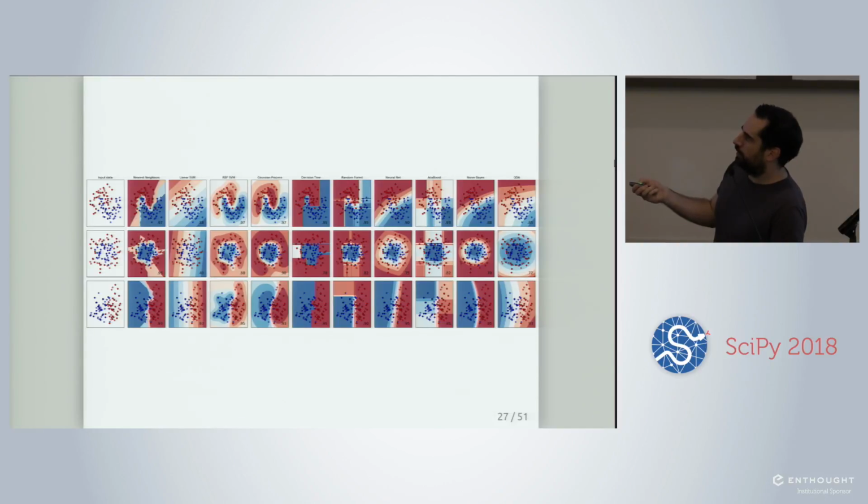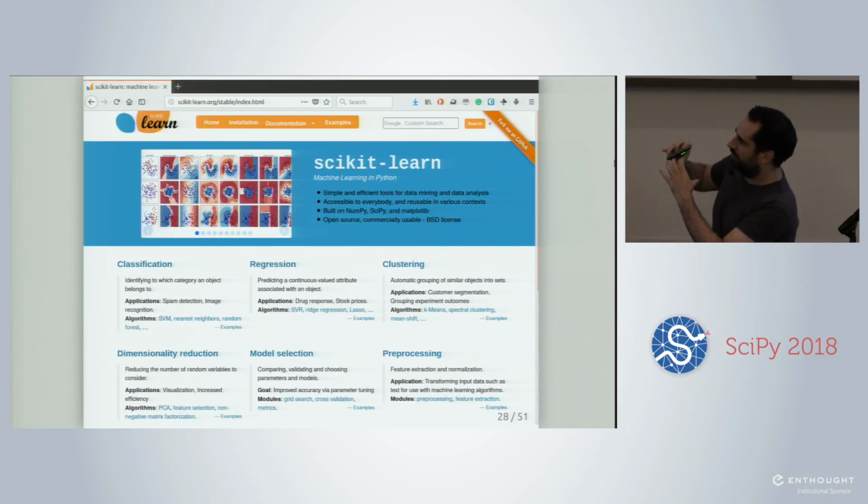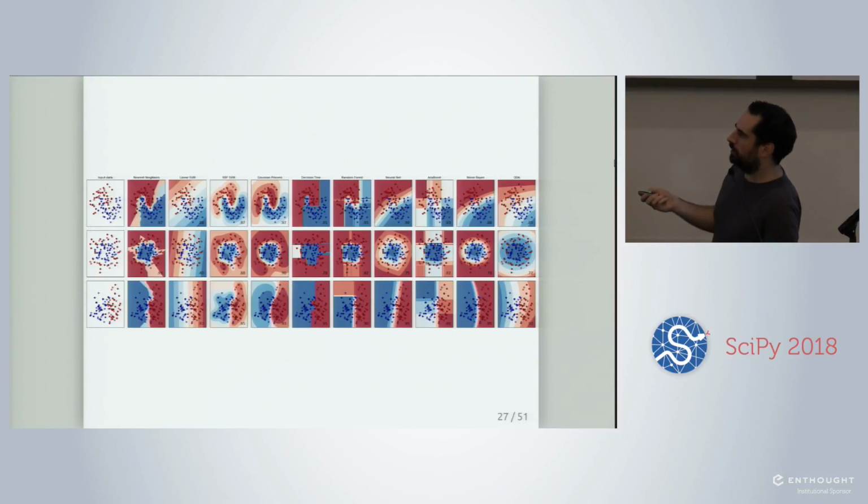In the first data set, you have 2 groups of dots, not overlapping, but in a half moon shape, plugged one into the other. The second data set has the blue dots in the middle and red dots all around, plus some noise. And the last one is 2 blobs, blue on the left and red on the right, but there is also noise, so they overlap a bit.